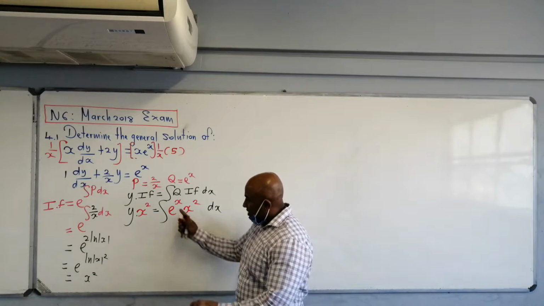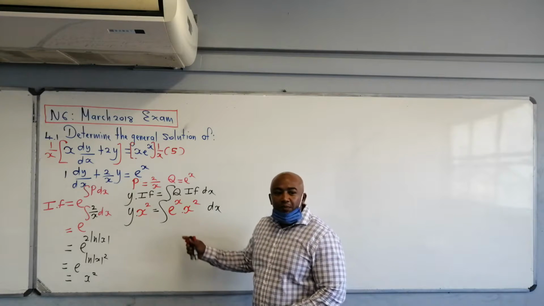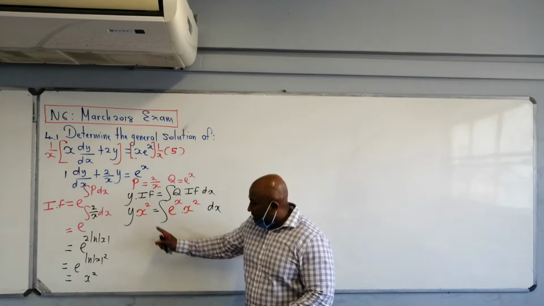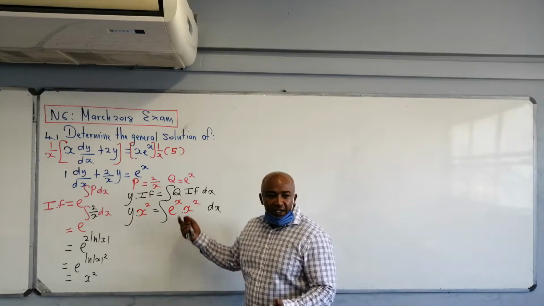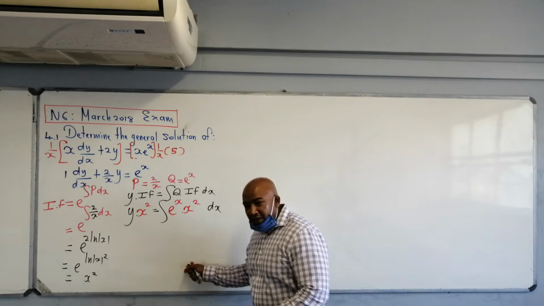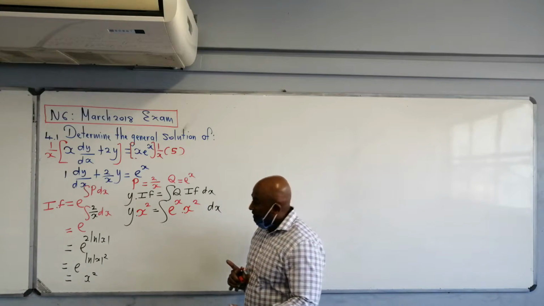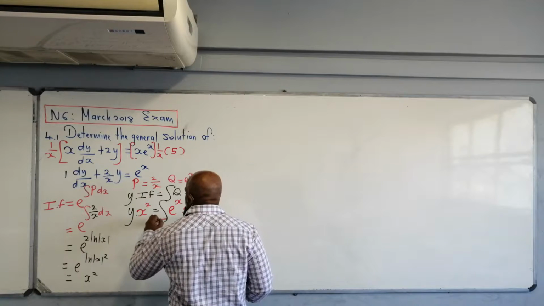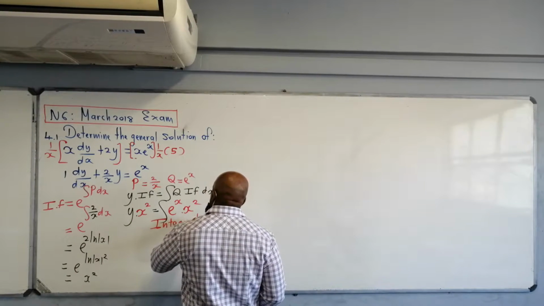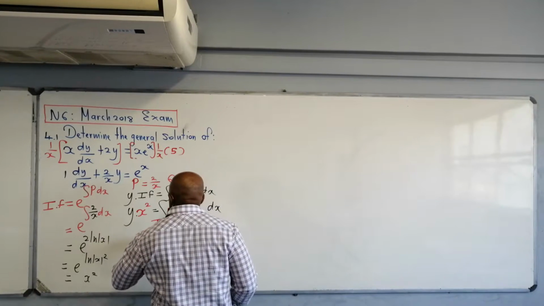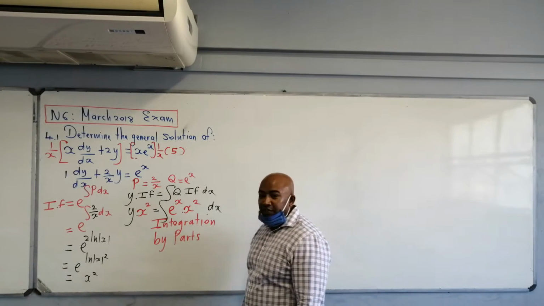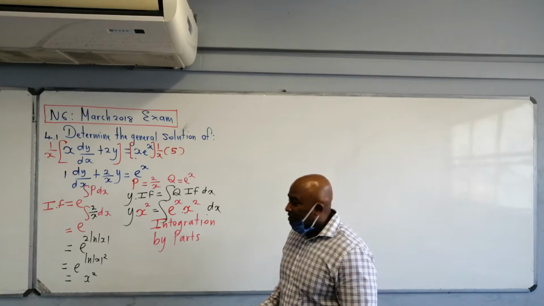Now, everything was easy up to this stage. Nothing difficult at the moment, because the previous example had a negative, this one has a positive. But now it will take long, depending on what method you are using. This is integration by parts. Whether you're in N5 or N6, integration by parts, you must know.